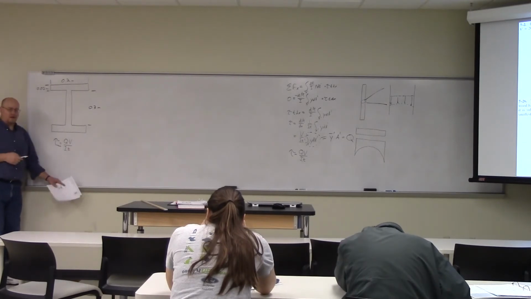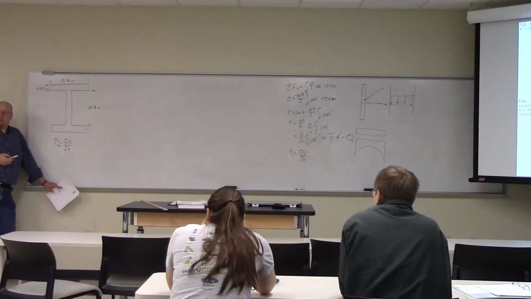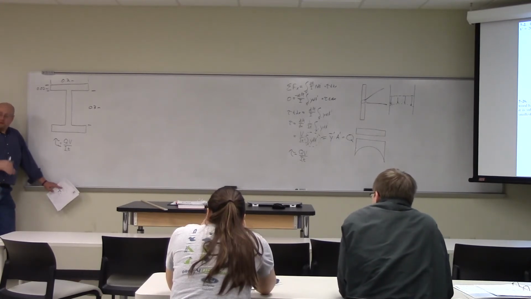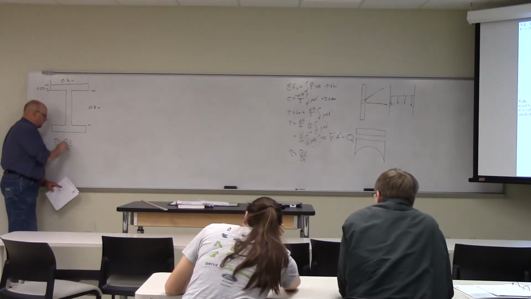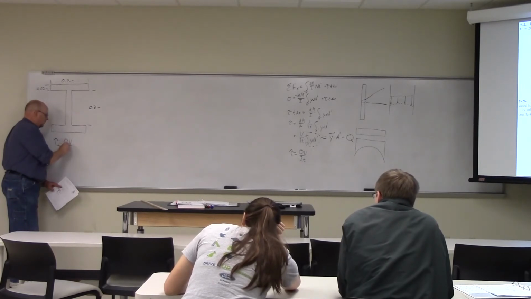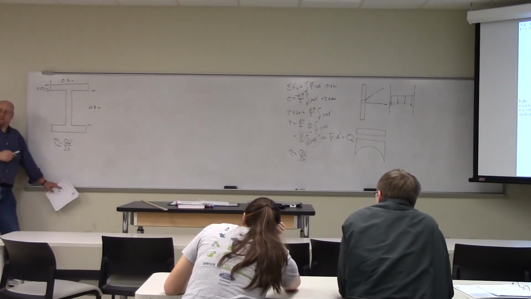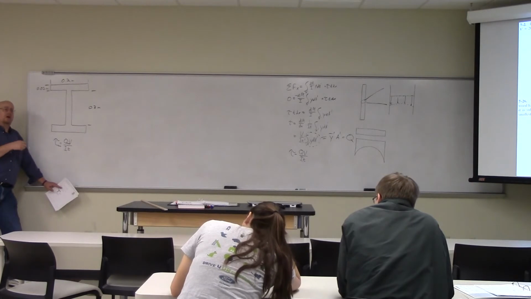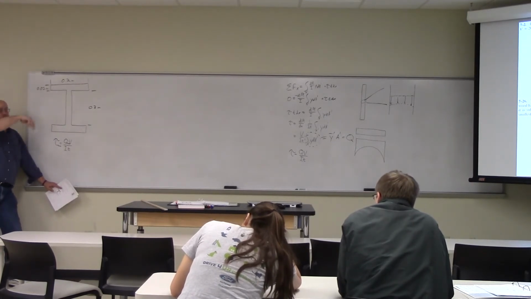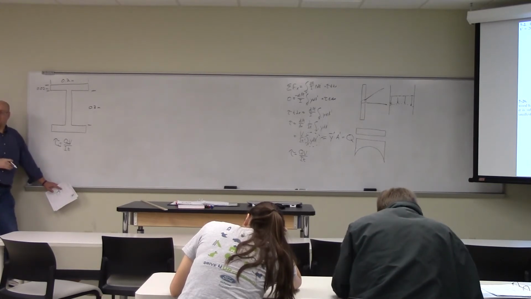What variable on the right-hand side is varying that would be maximized? Q. Q, right? Q is the one that controls the distribution. So we're going to want to find Q max. And so tau max equals Q max times V over IT. V is fixed for the whole cross section. I is fixed for the whole cross section.